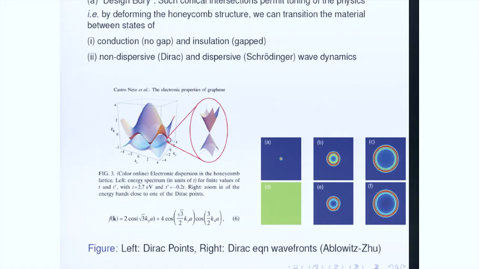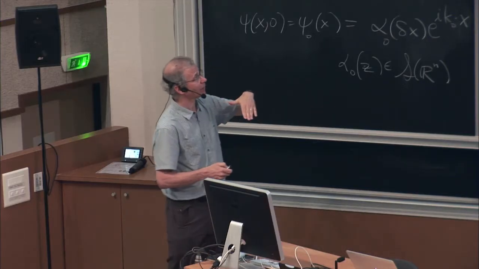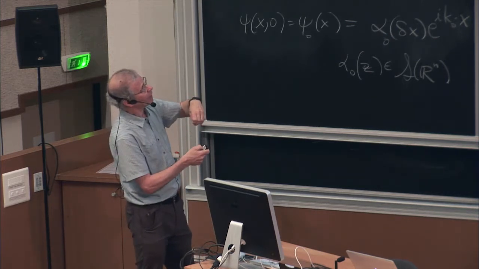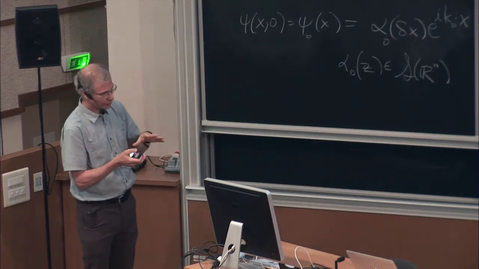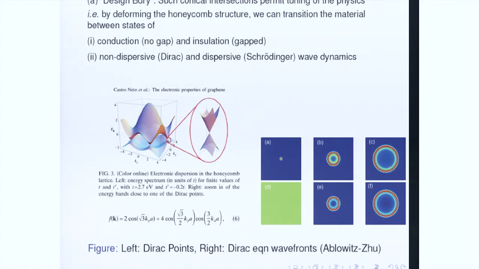The eigenvalue is in the vertical direction, so if you see a gap, that's a place where there are no eigenvalues. There are no propagating modes. There's no propagation, so you have something like an insulating state. And if the gap closes up, you have something like a conducting state. So honeycomb structures are first of all important because they live on the design boundary. They're very tunable structures for electronics and optics.